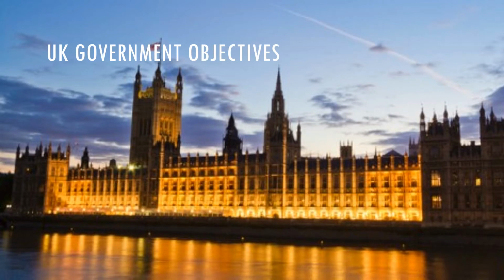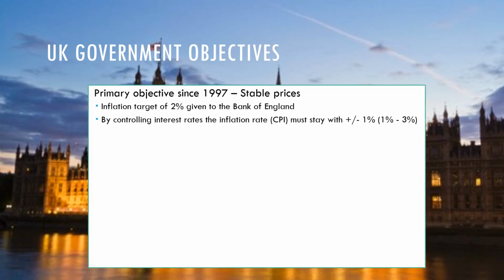So the UK government's main macroeconomic objectives, which of these are particularly important for the UK government? Well, the number 1 objective has been low and stable inflation. So the government's target for the rate of inflation is 2% per year, as measured by the Consumer Price Index.